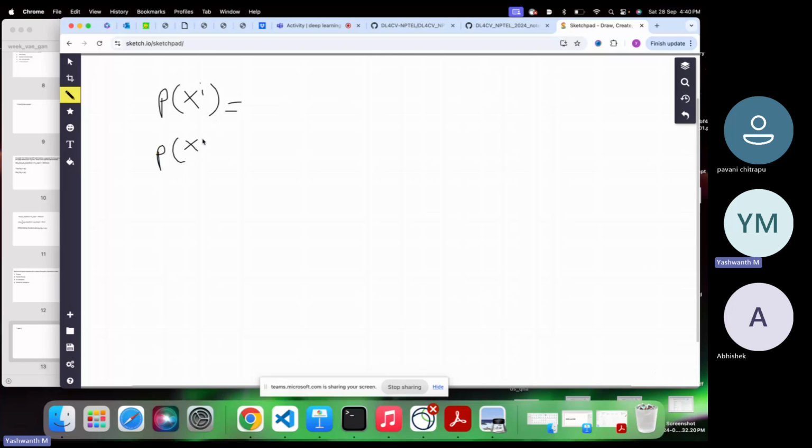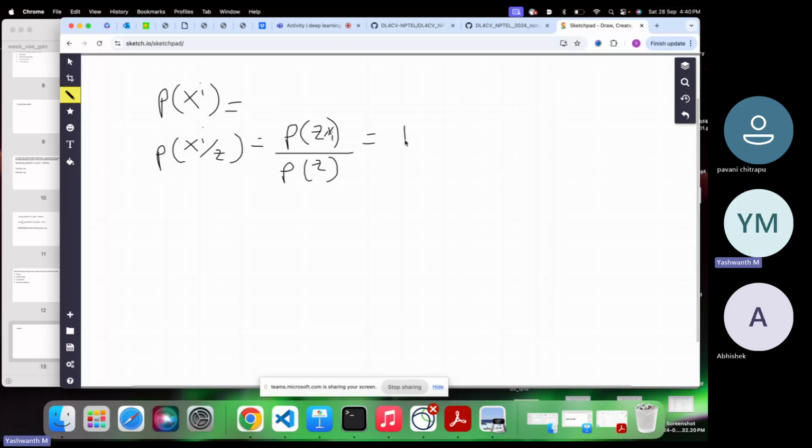P of xi given z times P of z, divided by P of xi.